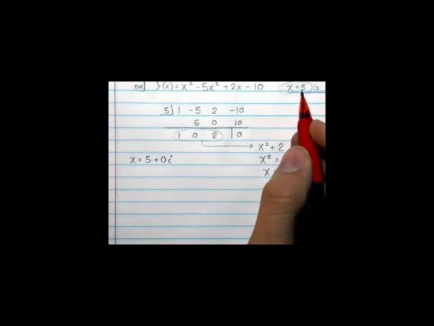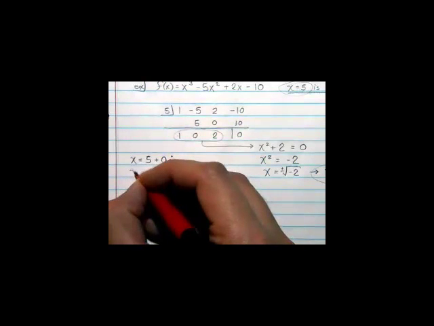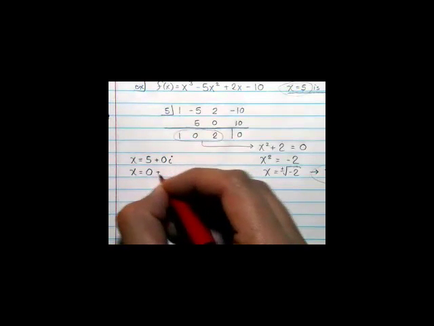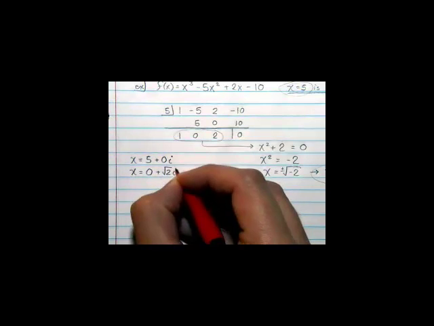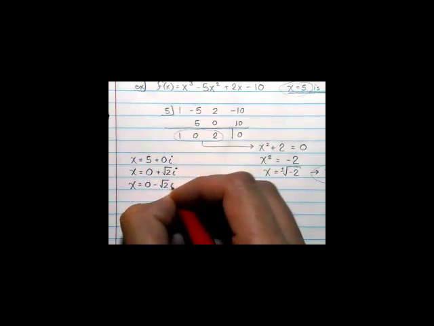There's a real part but no imaginary part on that one. And then these guys down here, there's 2 of these, and they have no real part, just an imaginary part to them. So x equals 0 plus the square root of 2i, and x equals 0 minus the square root of 2i.